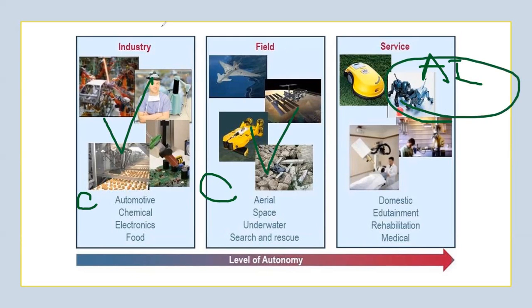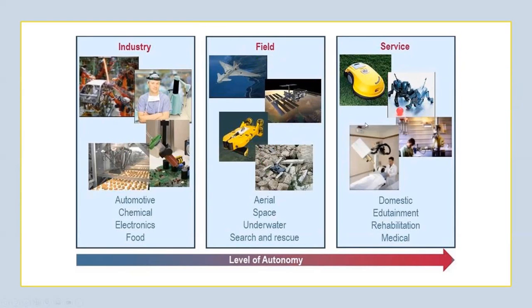I should say it this way: field robots in the recent versions also have AI. What I'm describing here is the older version of the field robot. The early versions did not have much AI, but recently every field has AI control going into it. Because AI technology and sensor technology are much better, robots become smarter and lighter and provide more service.